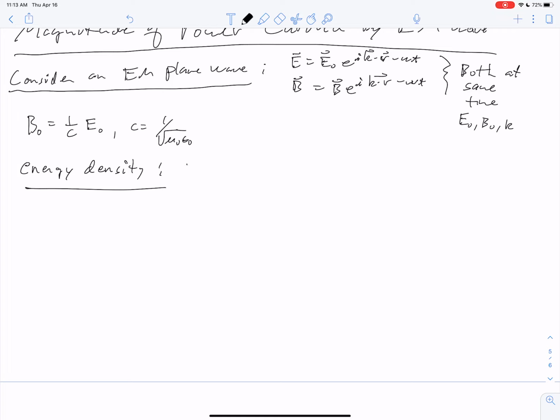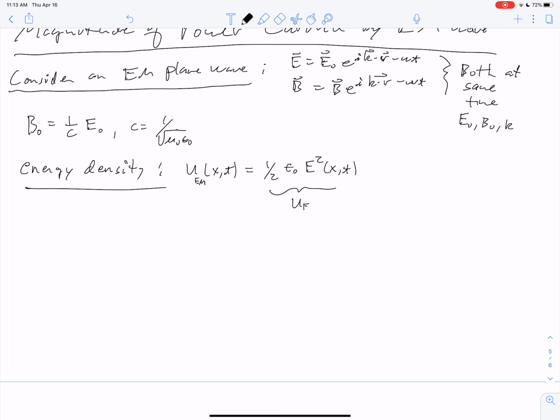The electromagnetic energy density u of any electromagnetic system is 1 over 2 epsilon naught times E squared, which could be position and time dependent. That's the electric part.